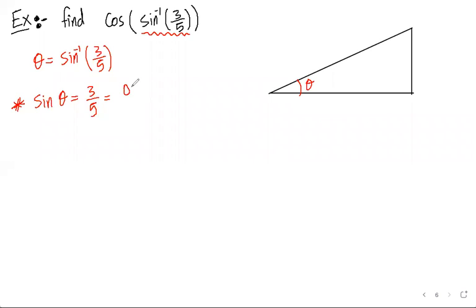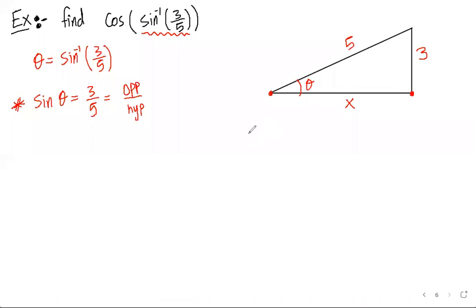3 is the opposite over hypotenuse. So this value is 3 and this value is 5. Now we have to find the value for x from here to here. To find the value for x, we have to use the Pythagorean theorem.